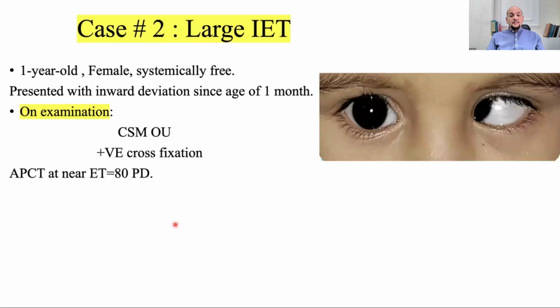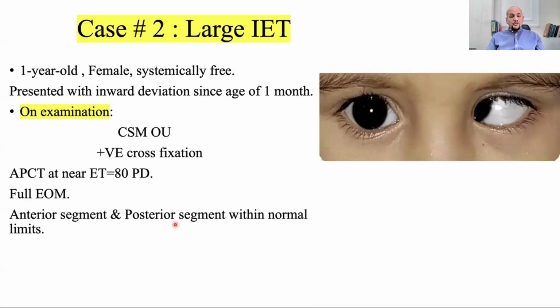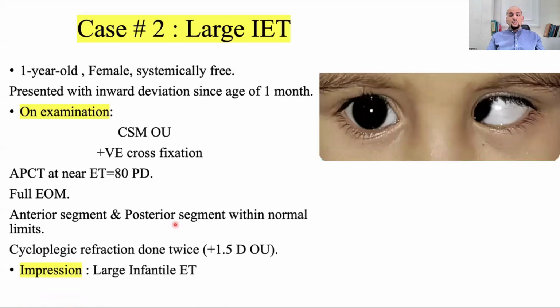Alternate prism cover test at near reveals esotropia of 80 prism diopter. That is a huge esotropia, very large angle esotropia with full extraocular motility. Everything else is normal. Cycloplegic refraction only +1.5 diopter in both eyes. So impression, large infantile esotropia.